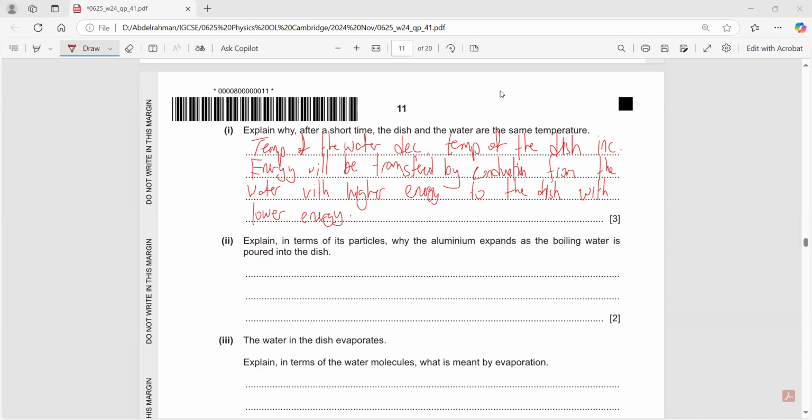What happens is that the molecules move further apart as they gain kinetic energy.